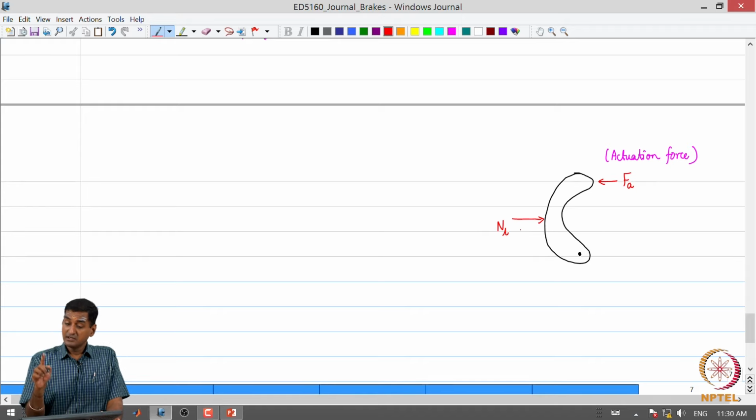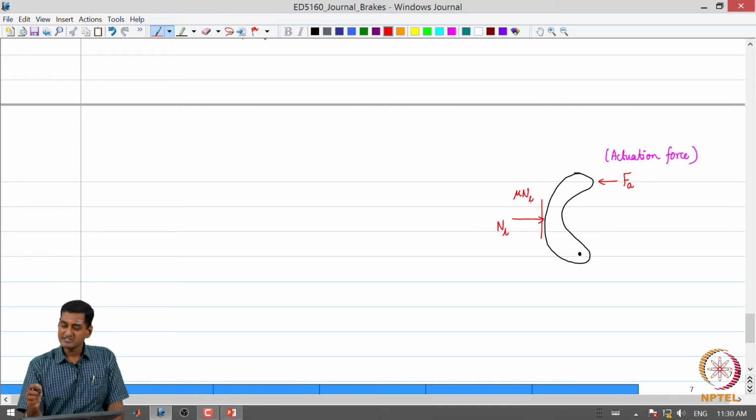Once I have done this, I can now represent a lumped friction force on the brake shoe. As we know, the friction force is going to be perpendicular to the direction of the normal load. So, now if I draw the perpendicular line to the direction of the normal load, that is going to be this.